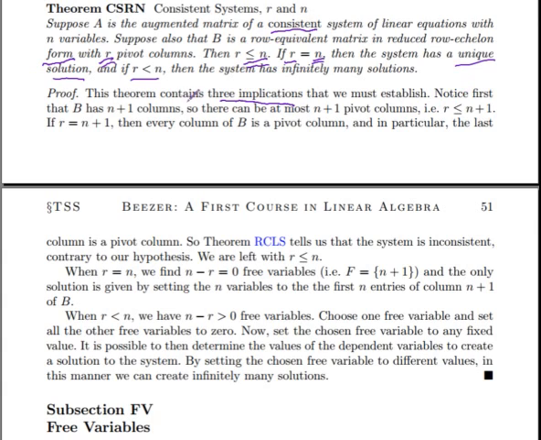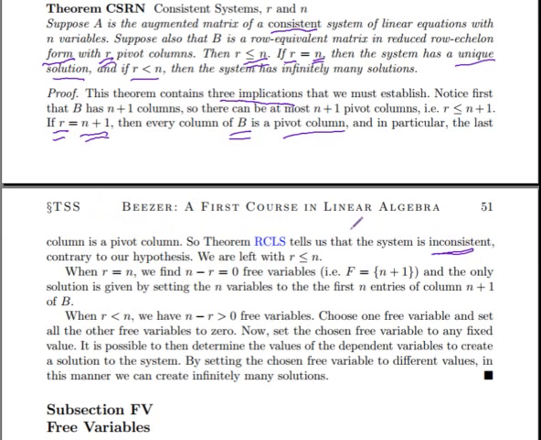All right. Now, let's see how this works out. Suppose, on the other hand, that the number of pivot columns is equal to n plus 1. Then every column of the reduced row echelon form is a pivot column, including the last one. But we know already that if the last column is a pivot column, then the system is inconsistent.